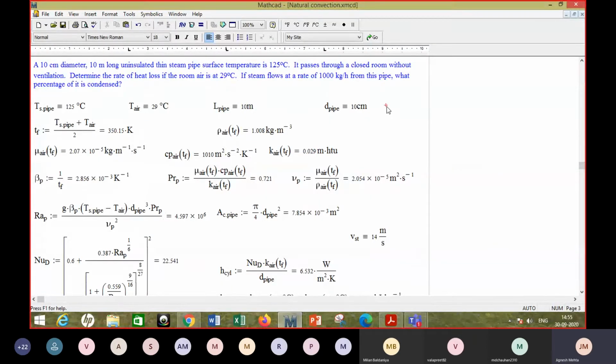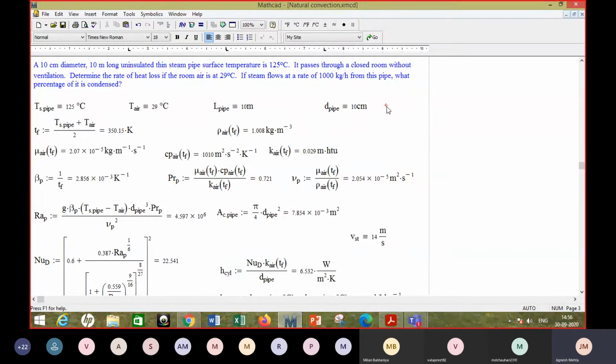So this example is actually very much similar to one that we solved for external flow. If you can recall, we talked about a pipe carrying steam having certain external surface temperature, and it was put in some open space and the wind flows over that at certain velocity, and that was the case of cylinder in cross flow, right?